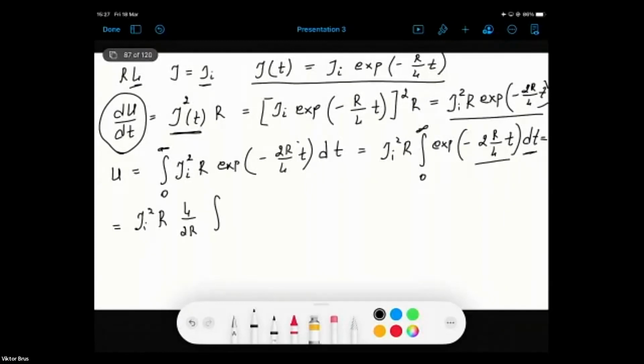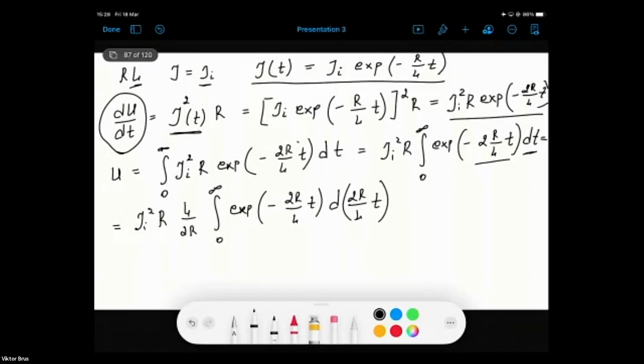Then we have the integral from 0 to infinity of exponent minus 2R divided by L times t. And here, instead of dt, it will be 2R divided by L times dt.